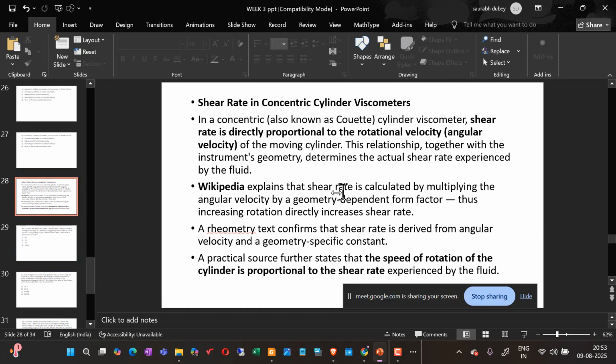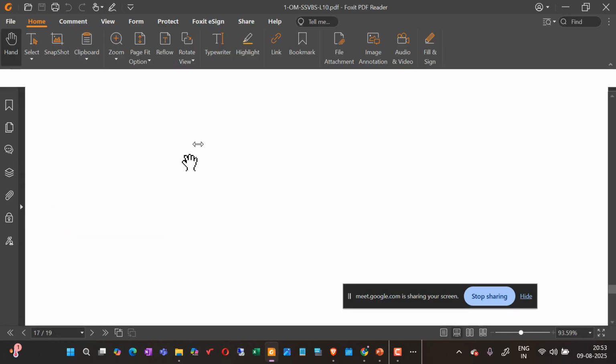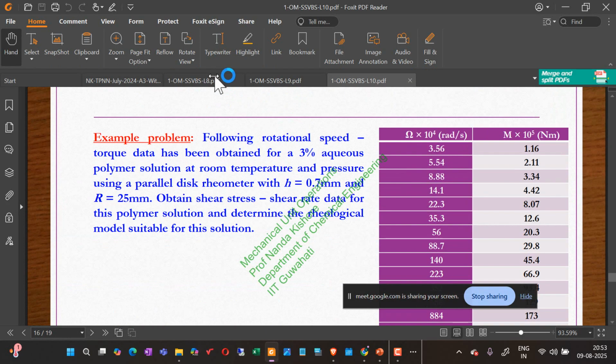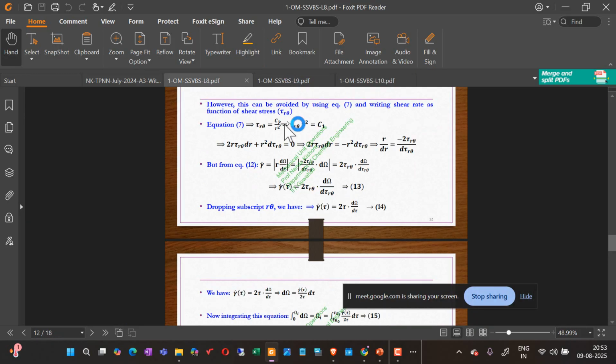There are some points in Wikipedia also, so those things you can consider, but in the exams and in the lectures, sir has already explained that this is coming from this particular thing. Let me just take you to that. This is the first week, or the second week revisit.